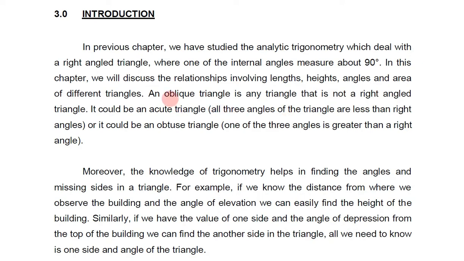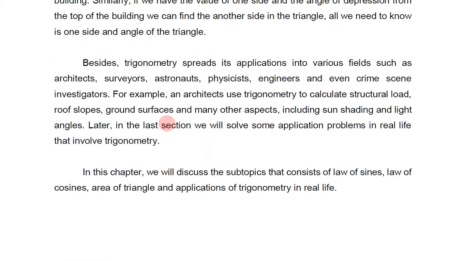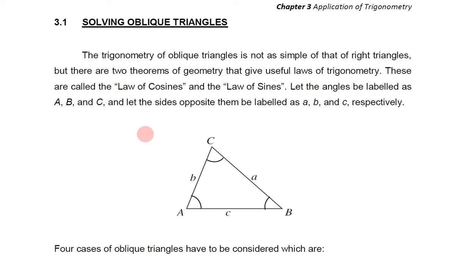For example, an oblique triangle, or it can also be an acute triangle. So let's look at how to solve an oblique triangle. The trigonometry of an oblique triangle is not as simple as the right triangle, but there are two theorems of geometry that are useful to solve it: the law of cosine and the law of sine.